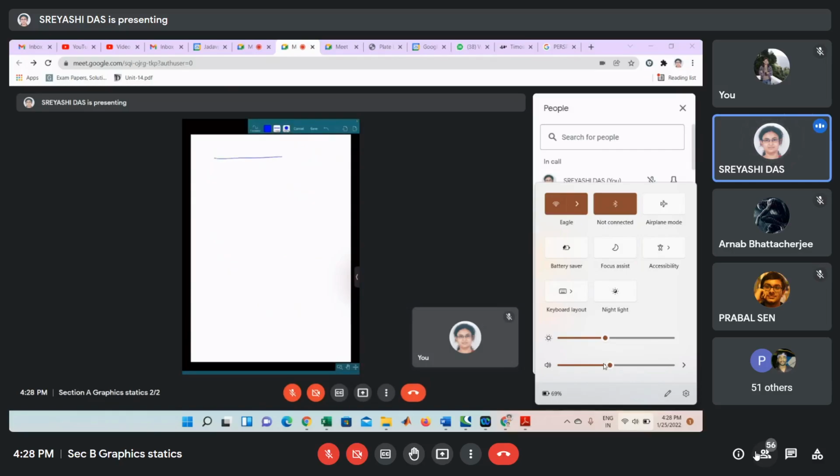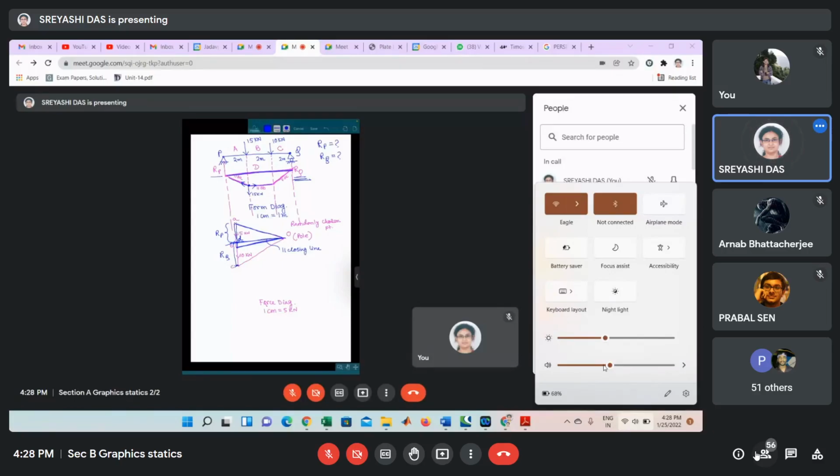Just I'm showing you another thing. Can't you know the magnitude by measuring the length? Magnitude of what? RP and RQ. Yes. If you measure the length, it will give us the magnitude of RP and RQ.